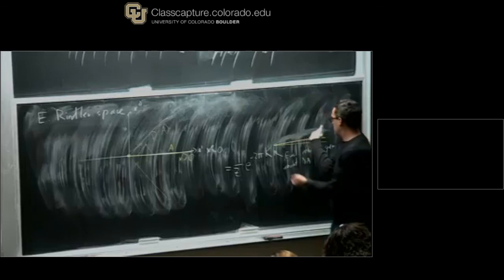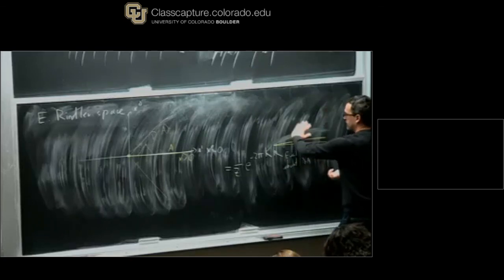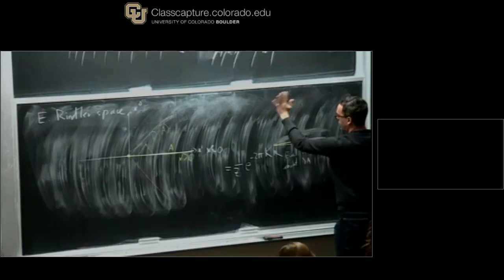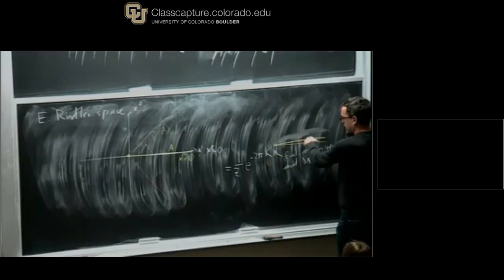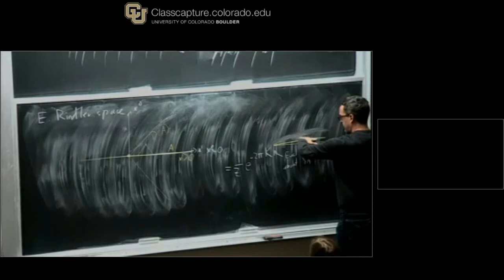So K performs a Euclidean rotation, and if I do a 2 pi rotation, then I go from this half plane to this half plane.